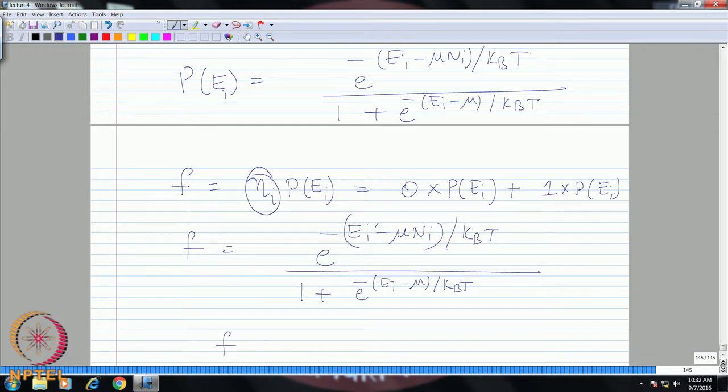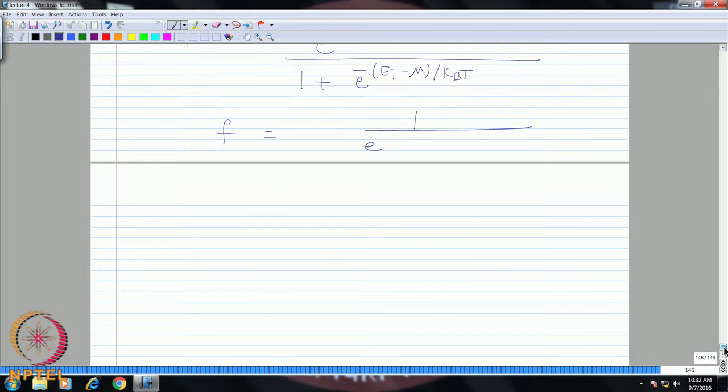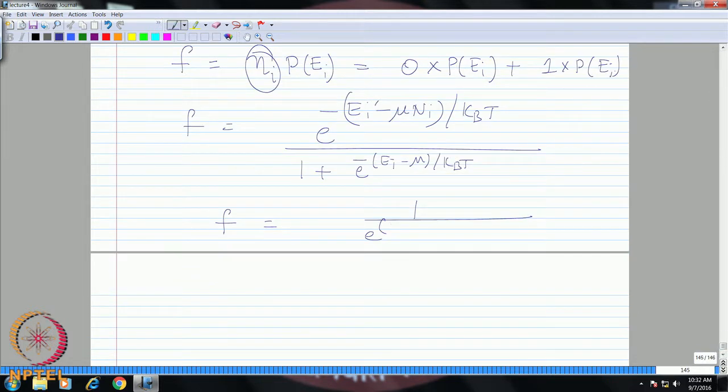If you multiply throughout by e power E i minus mu n i by kBT, the numerator becomes 1 and the denominator will have e power E i minus mu by kBT plus 1.